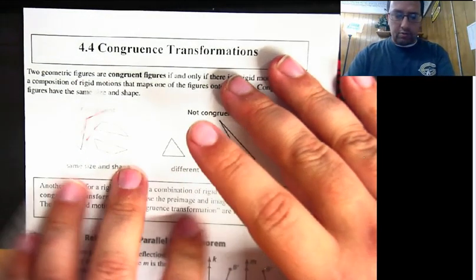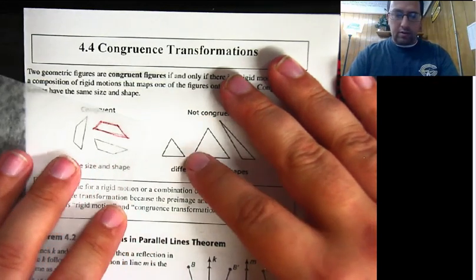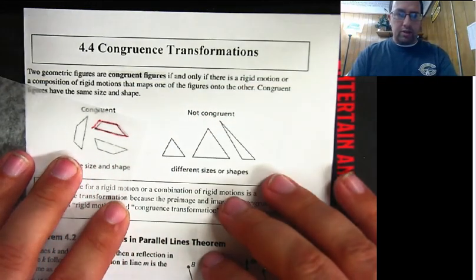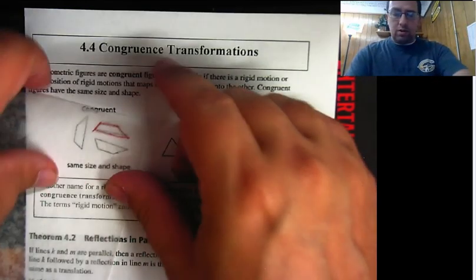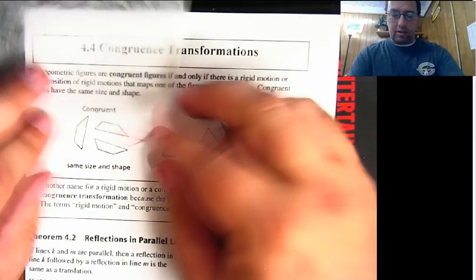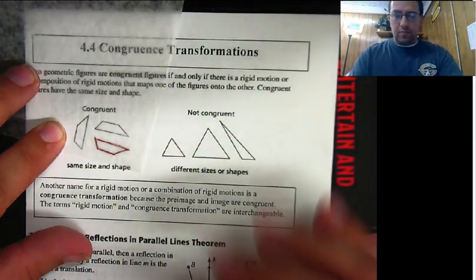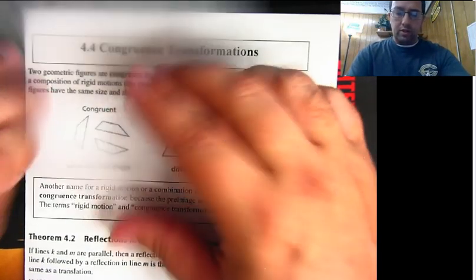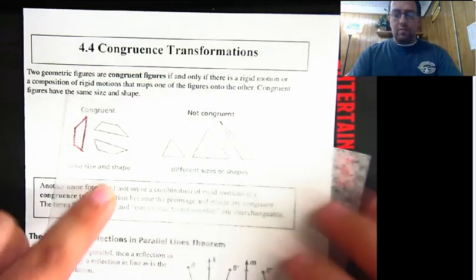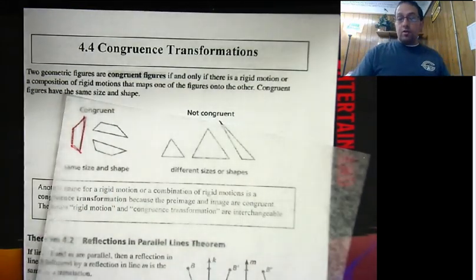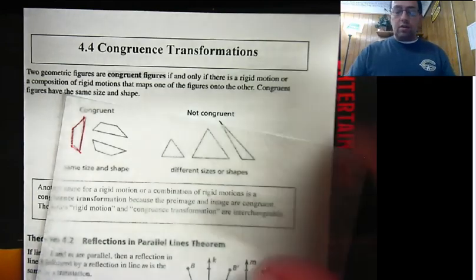For example, I could just rotate it and then slide it over, and it matches up. It is congruent to this other one. Or I could take this one and I could just flip it, and it's the same thing there. All right, so this is a reflection, a flip, and a rotation with a little bit of a slide going in there, right? So it's just transformations, these rigid motions to get from one to the other, and they're congruent.